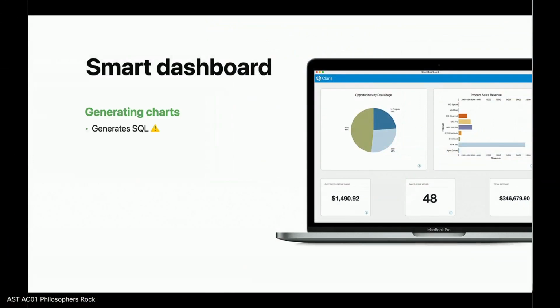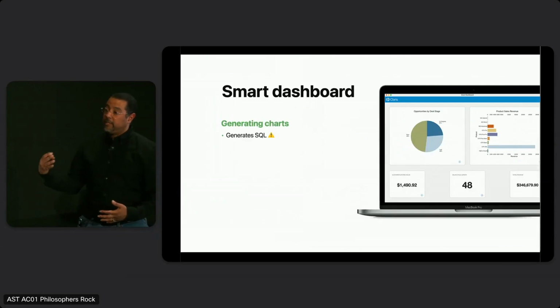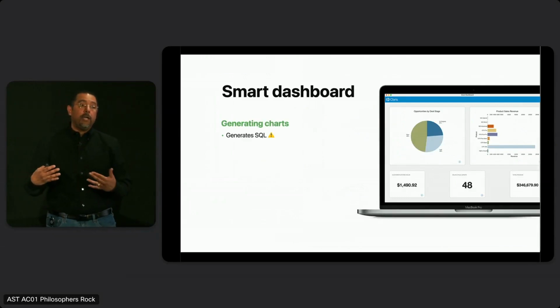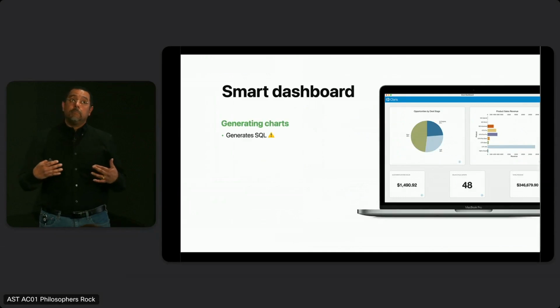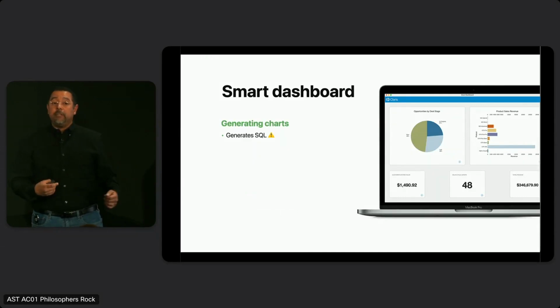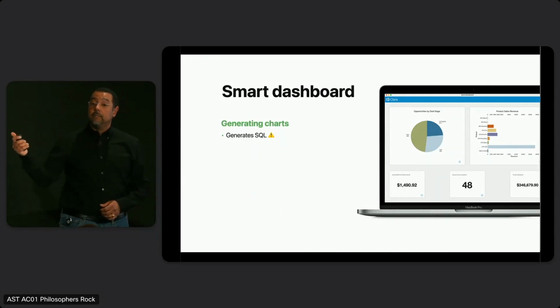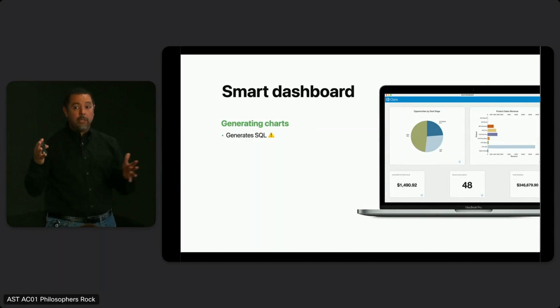So this one does generate SQL statements. Warning here. This is a huge challenge in the AI community, taking natural language and generating SQL. And the reason is you got to be careful because you have to validate it a lot. It's not that it can't write SQL, it's that you have to make sure that, one, it's valid, right? There's no syntax errors. You know, a little typo in SQL means a big deal.